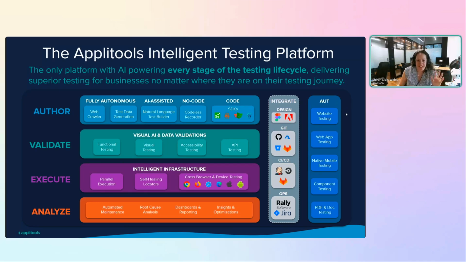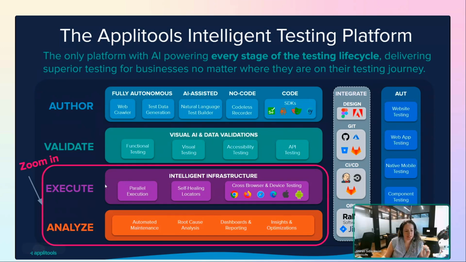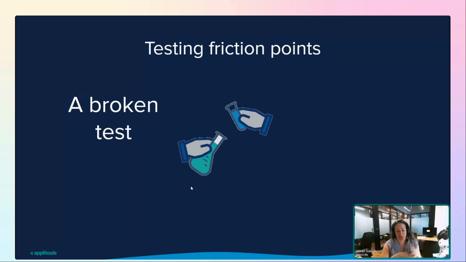Let's talk debugging. We're going to zoom in on the execution and analytics part. When we're talking about debugging, what would be the main friction points? When and why do we need debugging at all? The first friction point would be a broken test. Clearly, if a test breaks, we will need to fix it.